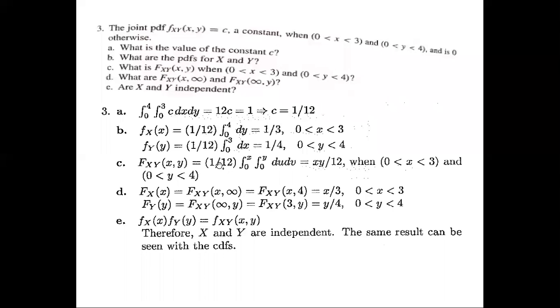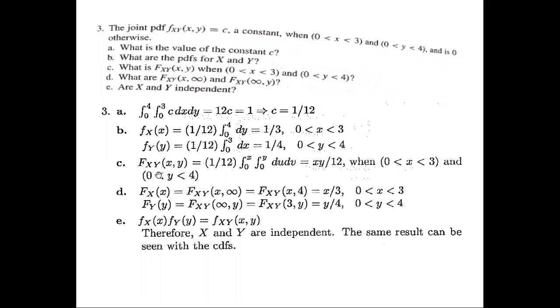So 1 by 12 is taken out, and we write 0 to x and 0 to y, du dy. If you integrate this, you'll get y, and if you integrate this, you'll get x. So xy by 12 is what you'll get, again within the range given here.